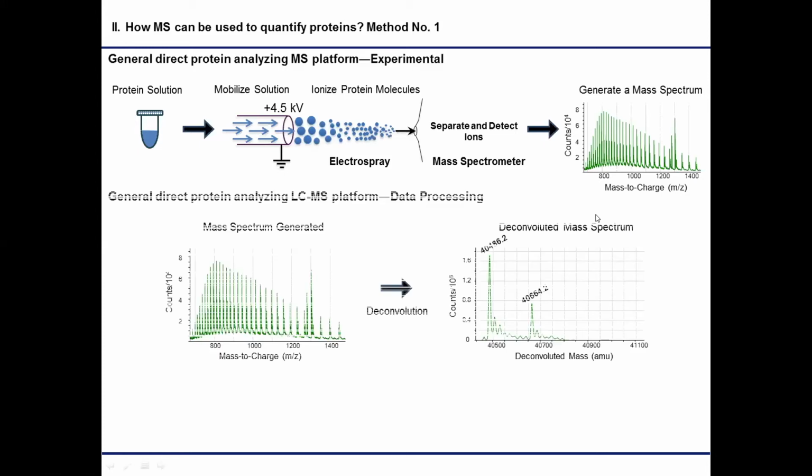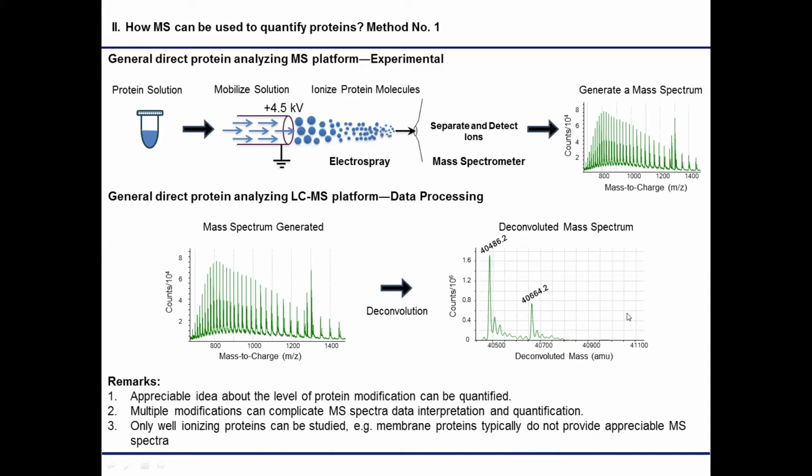These mass spectra can be deconvoluted to identify the molecular weight, and if there is a modification, we can identify that as well. Using this kind of workflow, we can get an idea about the level of protein modification, and we can have a good understanding of the relative quantification, if there is a modification of the protein, and what is the extent of modification.